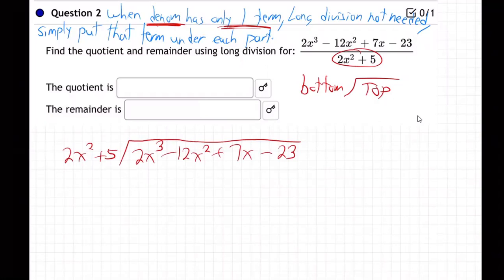So how do I carry out this long division? How does it work? Well, remember where you look. You look at the front and the front, don't you? Whatever goes up here is going to multiply the front and match the front. Now, if that seems strange, just remember what we do for number long division.